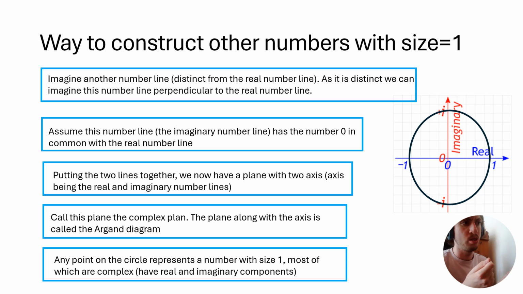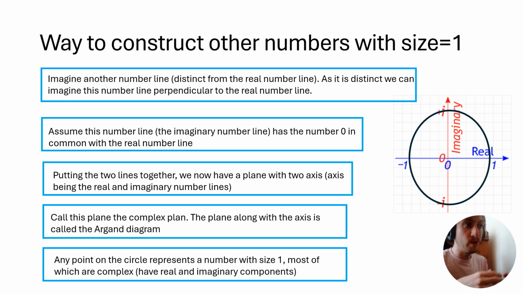Because for example the number 1 lies on the circle and is 1 unit away from 0, all numbers on the circle are going to be 1 unit away from 0. And the circle we can think of as made up of an infinite number of points.